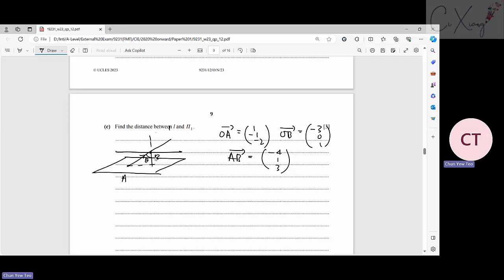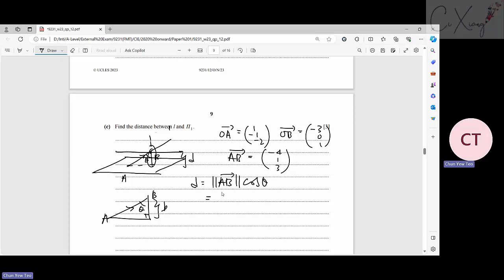I will call this angle theta. We are looking for this distance, which is D. So D is the magnitude of AB cos theta according to the diagram. AB is here, you are looking for D, and this is 90 degrees. So D is the magnitude of AB cos theta.